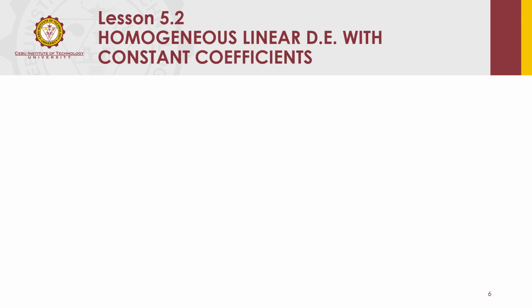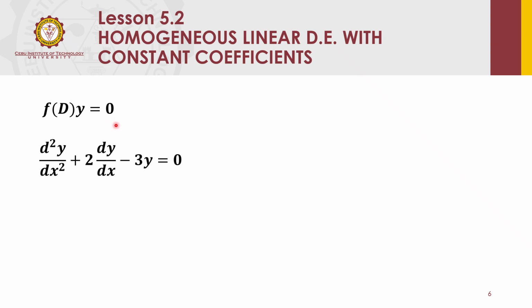So for the first type of linear DE, homogeneous linear DE with constant coefficients, supposing we are using the functional operator. Take note that the right side of the equation is 0 because it's a homogeneous linear DE.